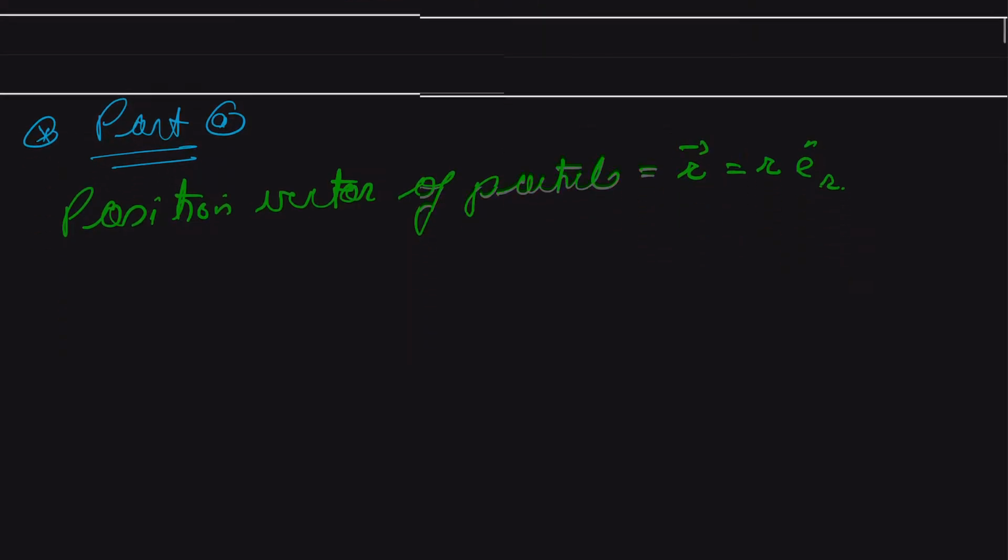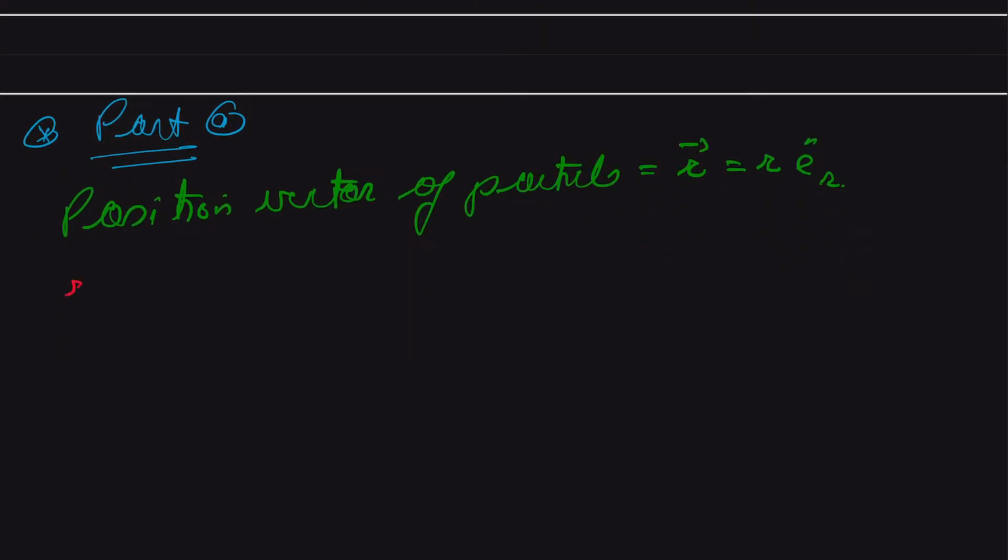In this, our r is the distance, or we can say magnitude basically, and this is our unit vector in radial direction.